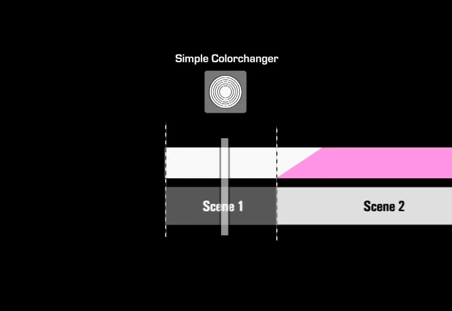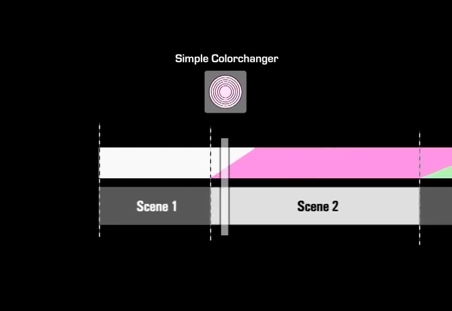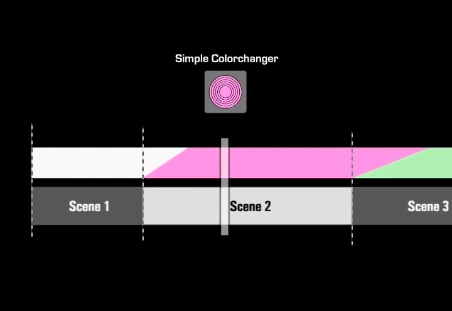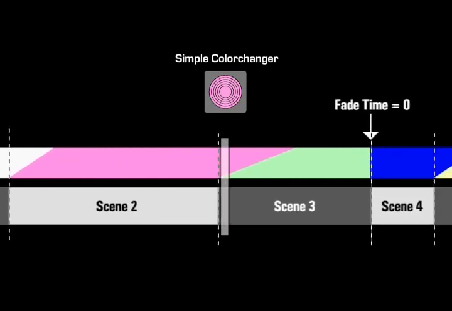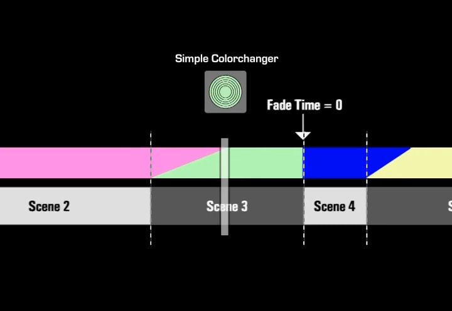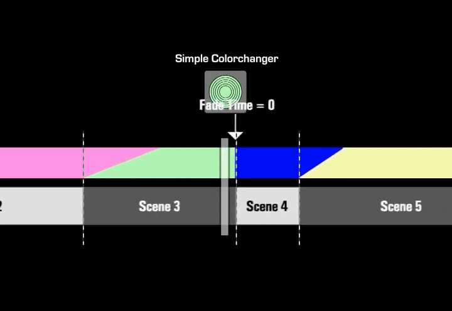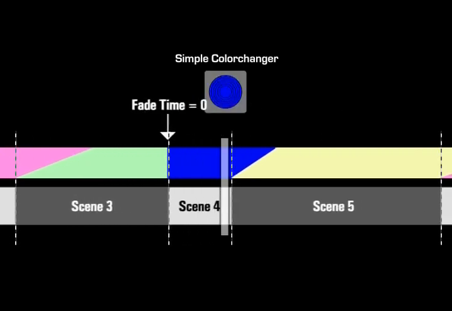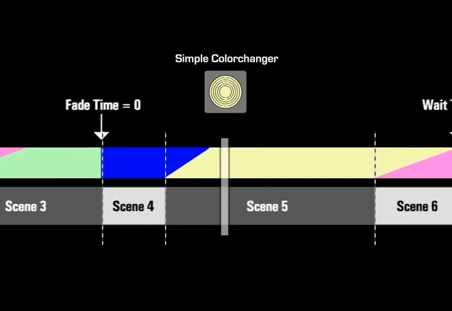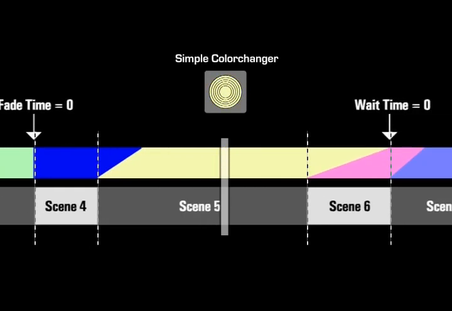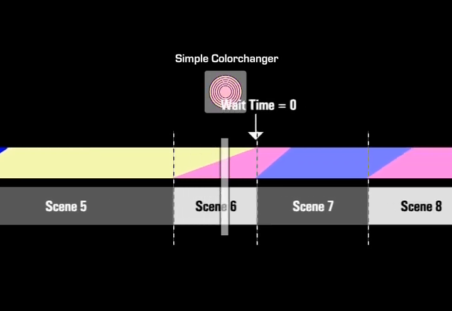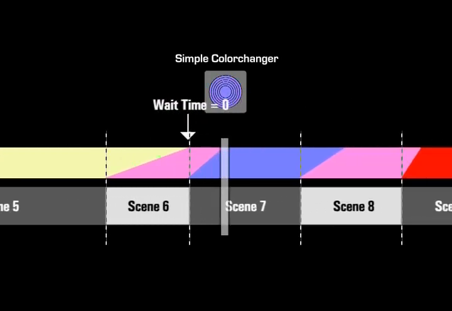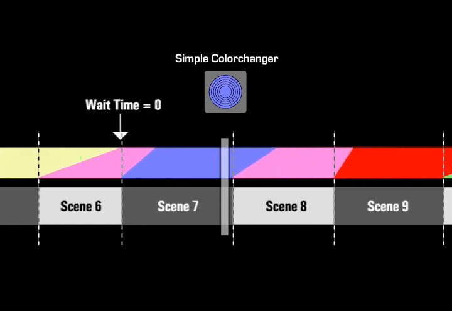Notice how the different fade times determine the various speeds at which the colors fade. When the fade time is set to 0, you will notice that the color snaps abruptly. If the wait time is set to 0, the color starts to fade out as soon as it has finished fading in. This is used for creating a dynamic, constantly changing effect.